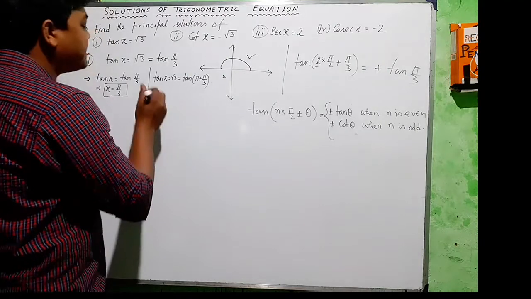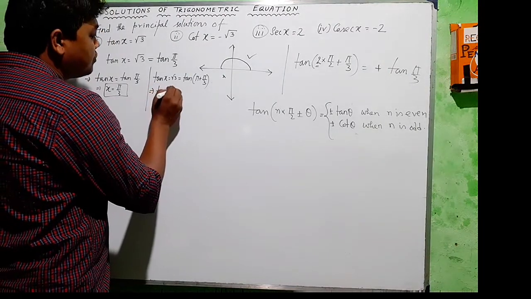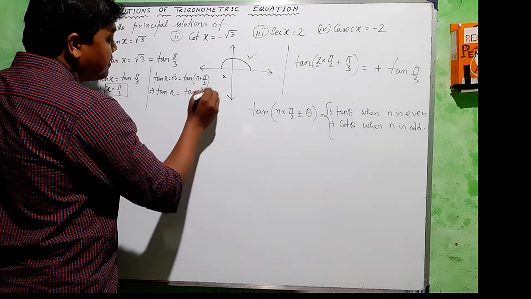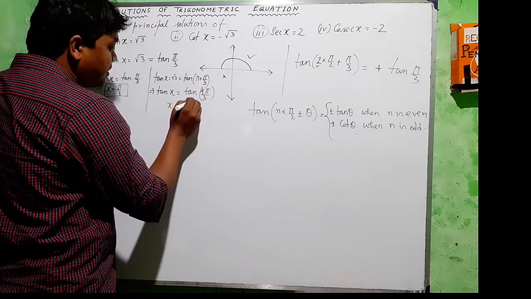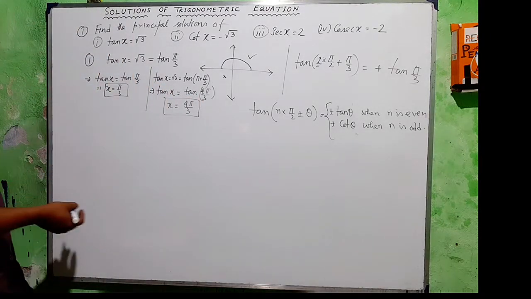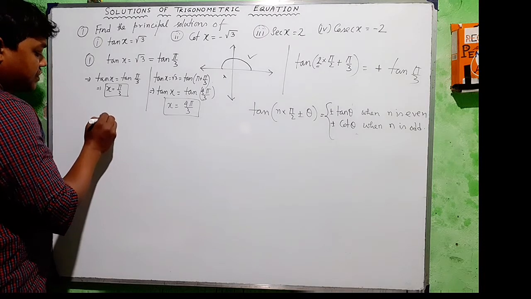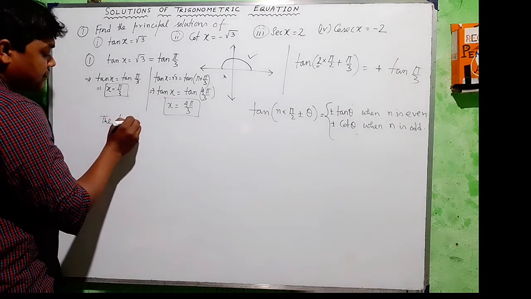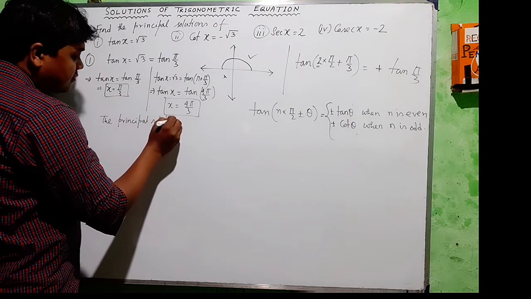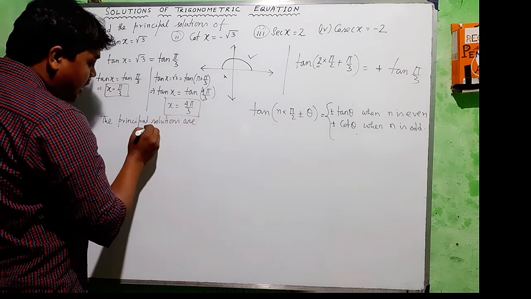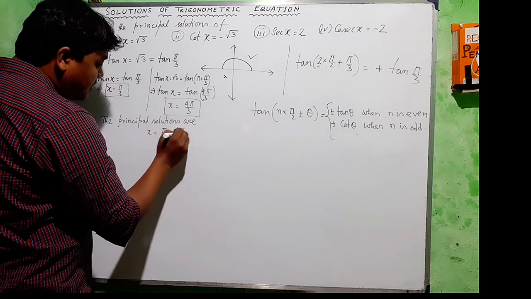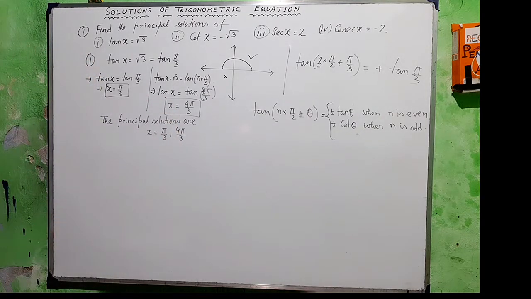So tan x equals tan 4 pi by 3, so x equals 4 pi by 3. So the principal solutions of this trigonometric equation tan x equals root 3 are x equals pi by 3 and 4 pi by 3. Clear?